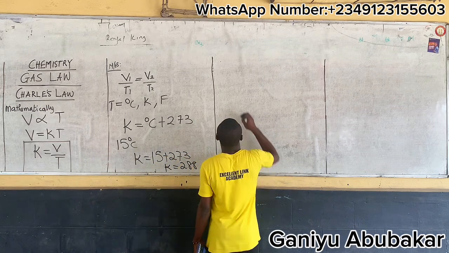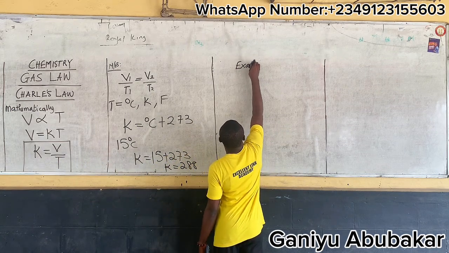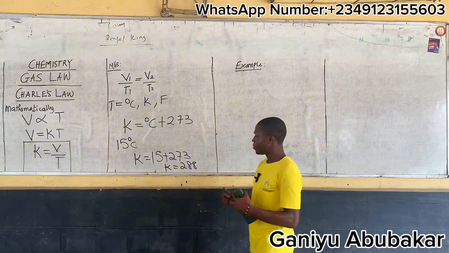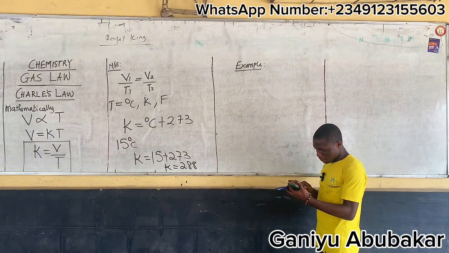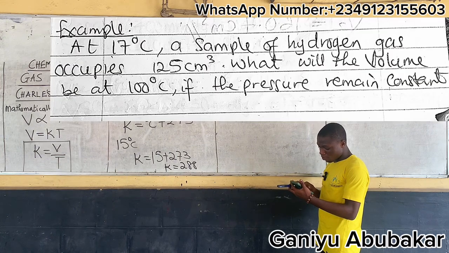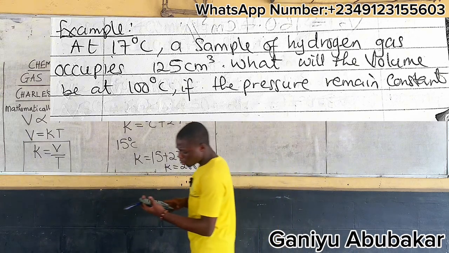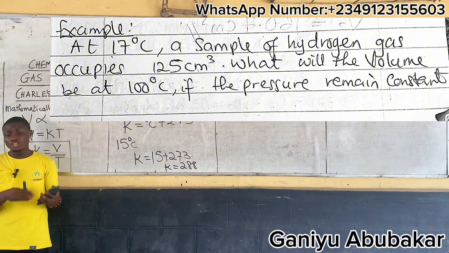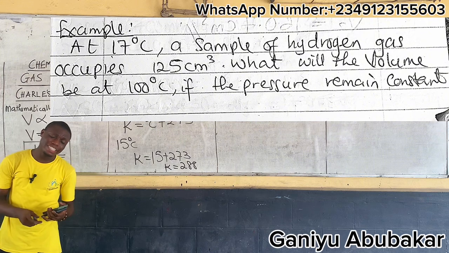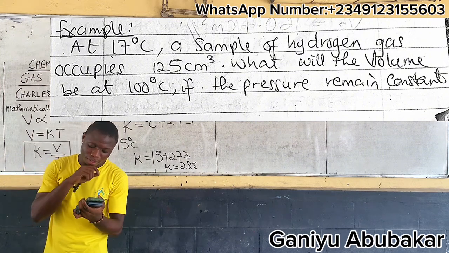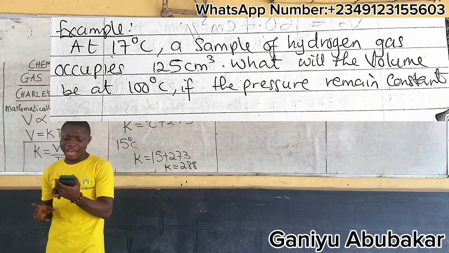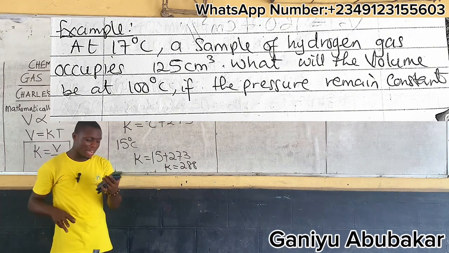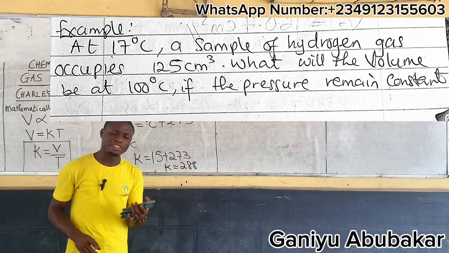Let's look at one example. At 17 degrees Celsius, a sample of hydrogen gas occupies 125 centimeter cube.